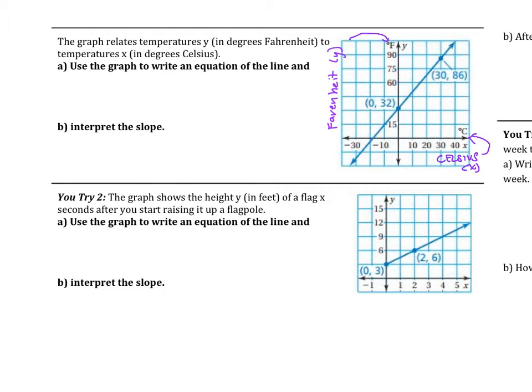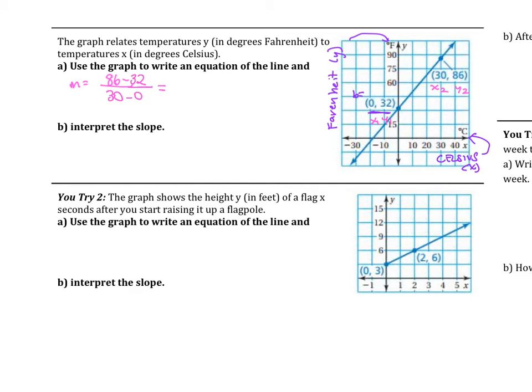So we're going to use a graph to write an equation of the line. So the y-intercept we can find right away, so that's cool. So that part is done. So now we need to find slope. So let's use a slope formula. M equals, I'll call this x2, y2, x1, y1. So this is 86 minus y1, which is 32, and then x2, 30 minus 0.